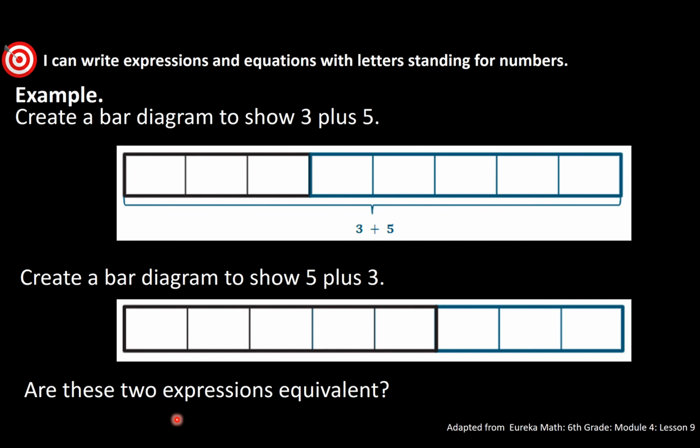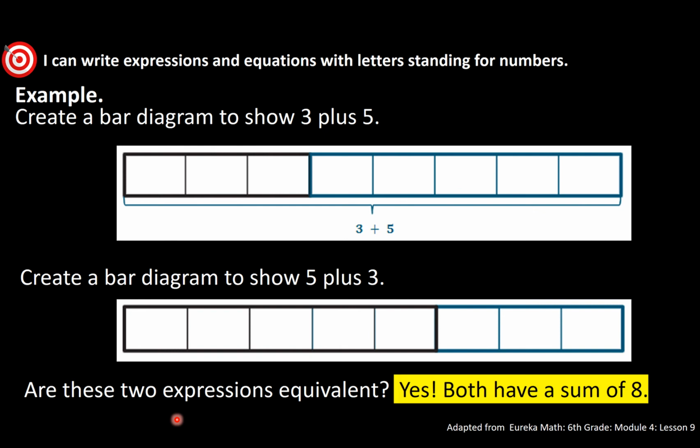Are these two expressions equivalent? Yes, they are. In math, one of our properties is the commutative property. That means I can move things around with addition and multiplication, and it will still be the same result. So 3 plus 5 is the same as 5 plus 3. Both have a sum of 8.